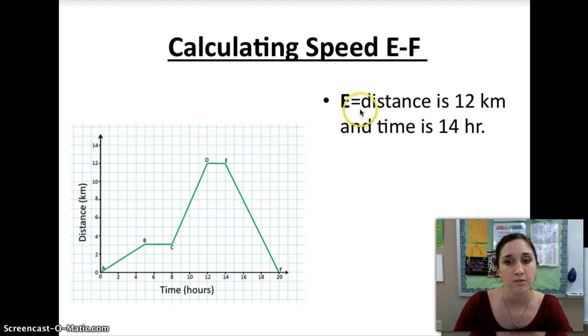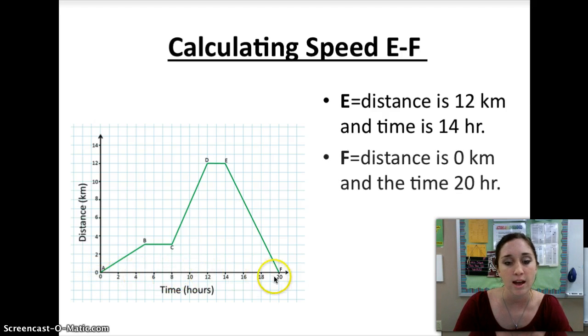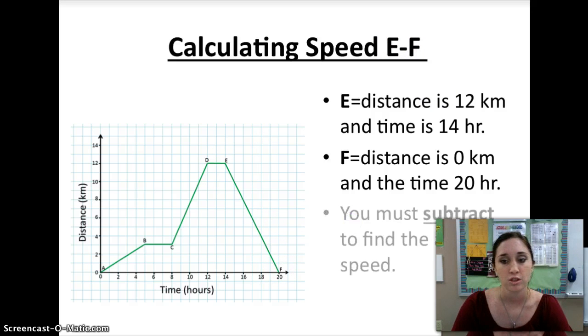For F, which is way down here, my distance is 0 and my time is 20. It's okay that you got a 0 there. That's the right answer. And 20 hours is down here at the bottom. Now that we have these 4 numbers, we need to subtract them to figure out how far we traveled in between this time and how long it took us.